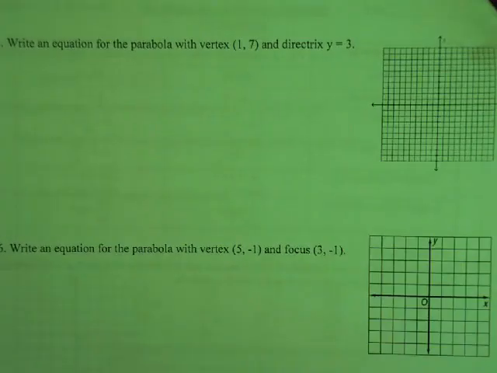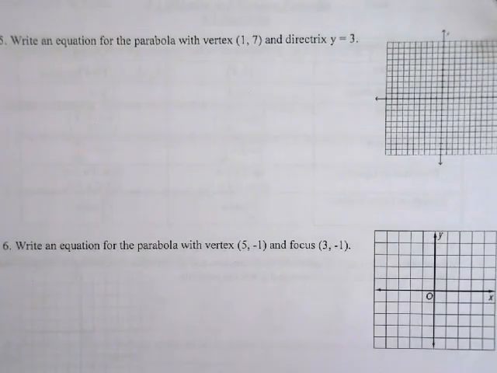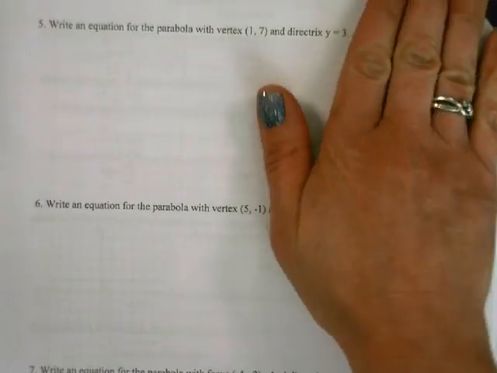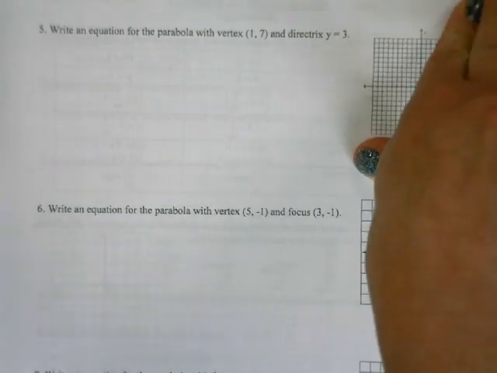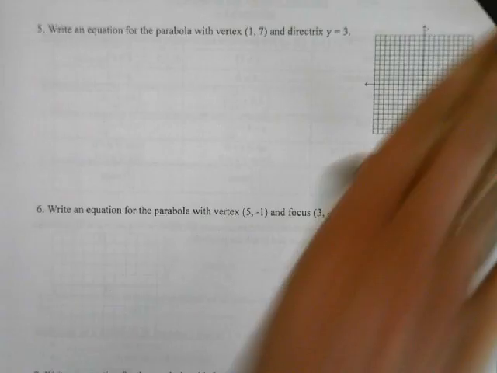Okay, so that's really hard to see. Okay, so the back side there says write an equation for the parabola with vertex at 1, 7 and the directrix at y equals 3.